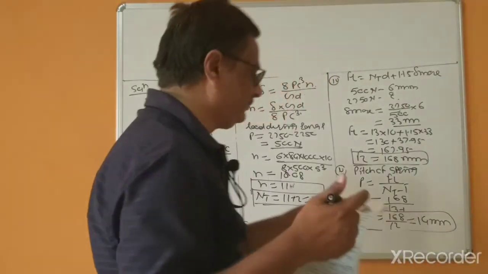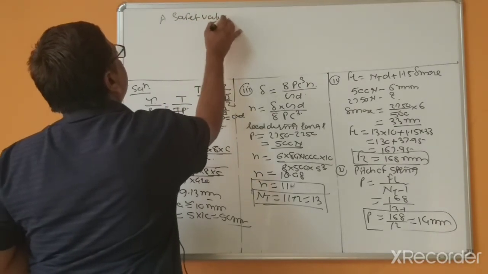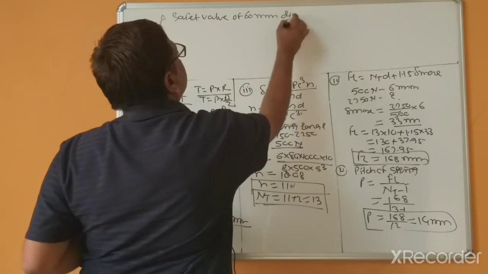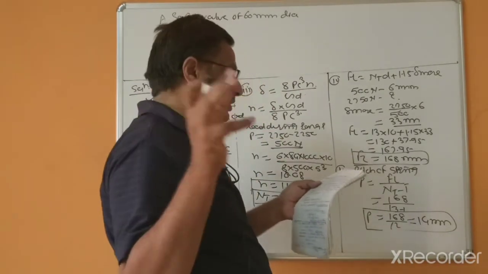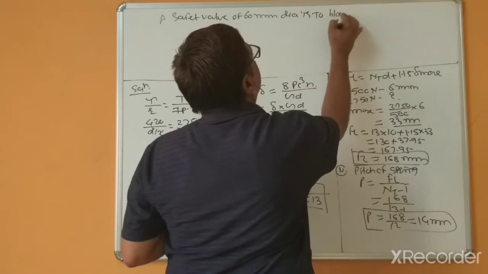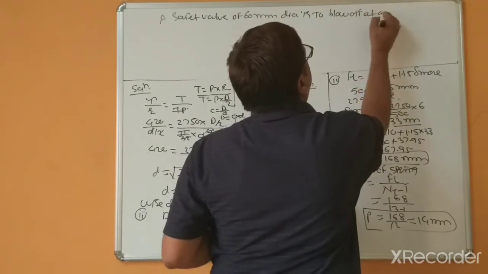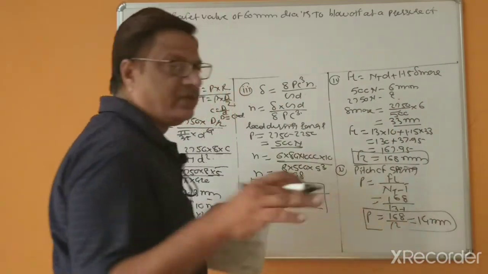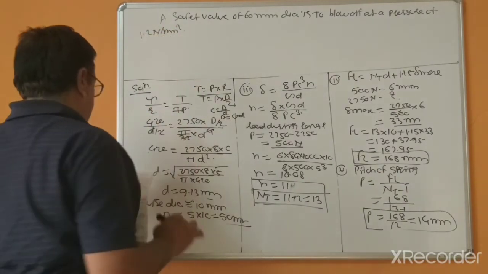A safety valve of 60 mm diameter. This is the diameter given, means valve diameter, is to blow off at a pressure of 1.2 newtons per mm squared, means we have to calculate the load acting.